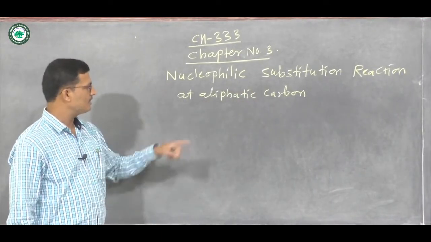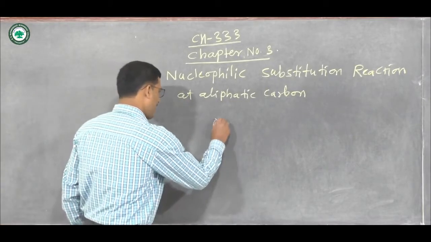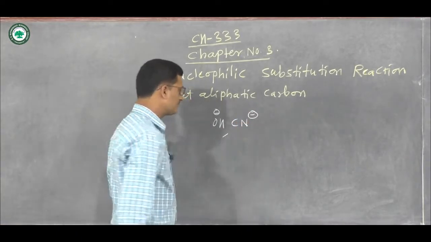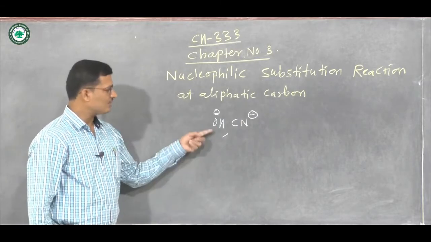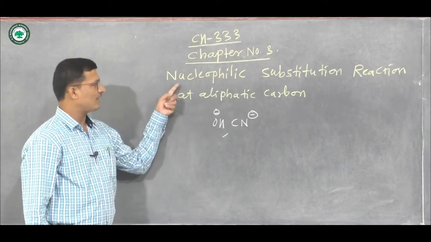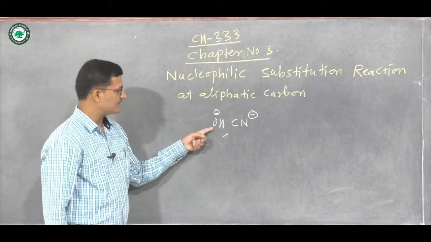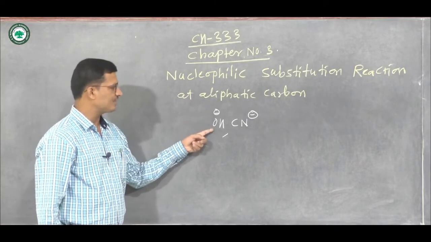So we remember what is meant by the nucleophile. Any negative charge species, or the species having electron rich character, is called a nucleophile. Suppose you take an example of OH minus. OH minus has a pair of electrons, it is electron rich.